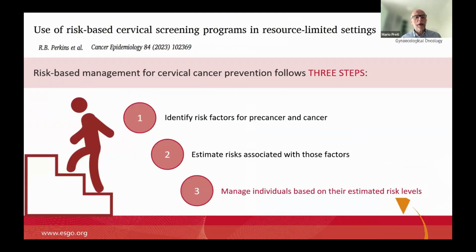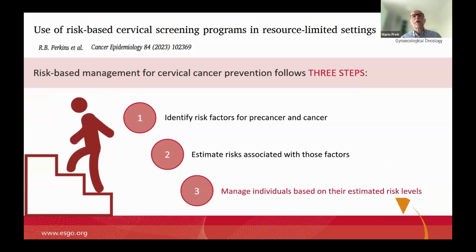From this paper, we learned that risk-based management for cervical cancer prevention follows 3 steps. Identify the risk factor, estimate the risk associated with those factors, and manage individuals based on their estimated risk level.